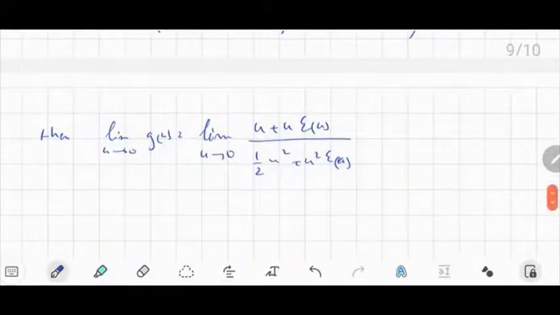And since the starting order in the denominator is higher than the starting order in the numerator, then the limit will be 1 over 0, which will be infinity. And here it's of course plus infinity because you have the coefficients like 1 and half in here. So it's equal to plus infinity. All we need to do is to take u as a common factor in the numerator and the denominator, and then simplify and then go to the limit, and you will obtain plus infinity.